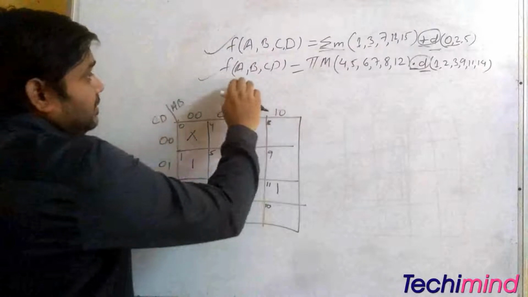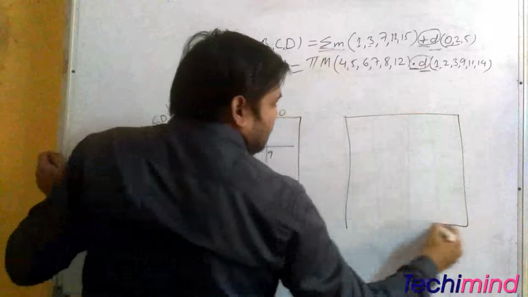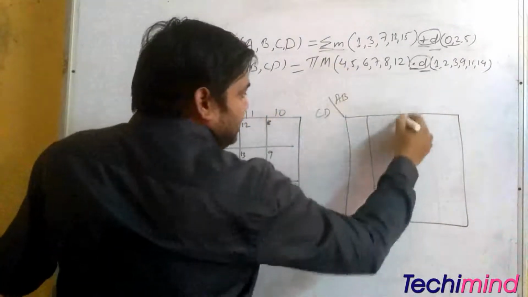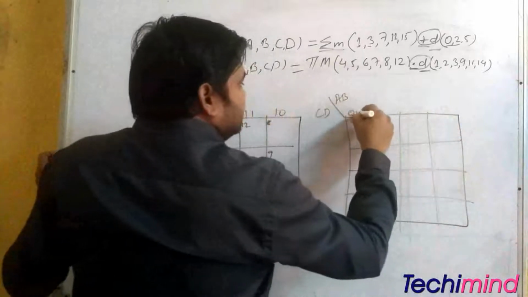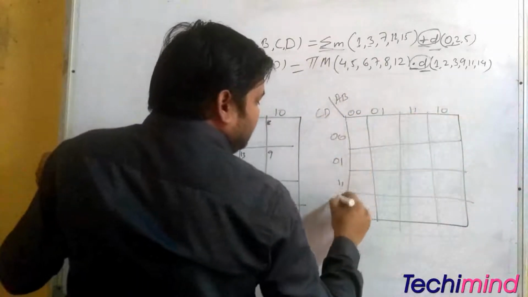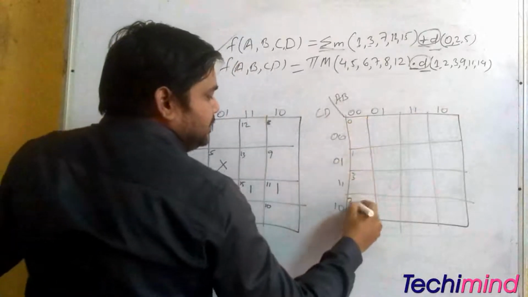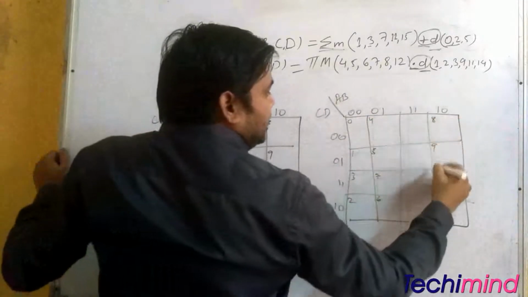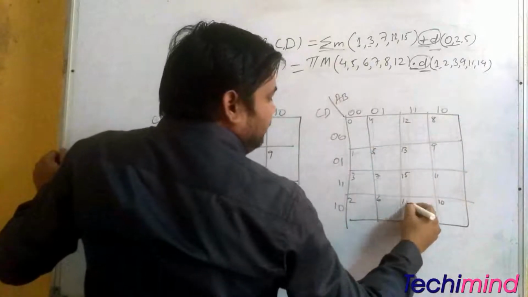Now we try to make the K-map for this particular equation, which is in POS term. Similarly, we write the same thing. We draw the K-map. This is 0 0, 0 1, 1 1, 1 0, and 0 0, 0 1, 1 1, 1 0. Just put the numbers 0, 1, 3, 2, 4, 5, 7, 6, 8, 9, 11, 10, 12, 13, 15 and 14.